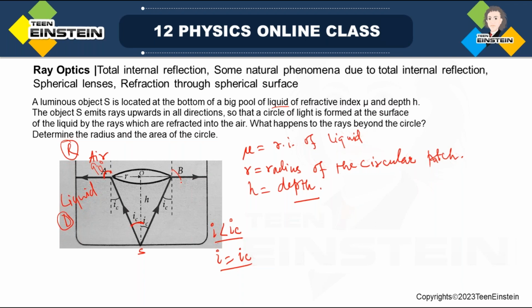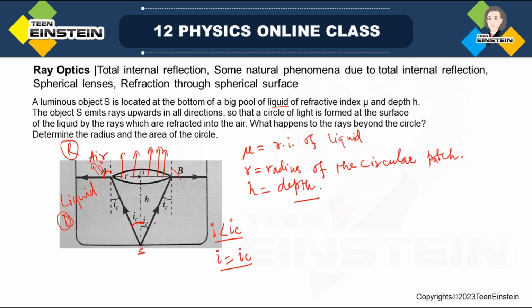Okay, grazing the surface. So the only rays which will come to our eyes are these rays which are passing through this circular patch. Because see, this is 3-dimensional, you can see this is a cone.